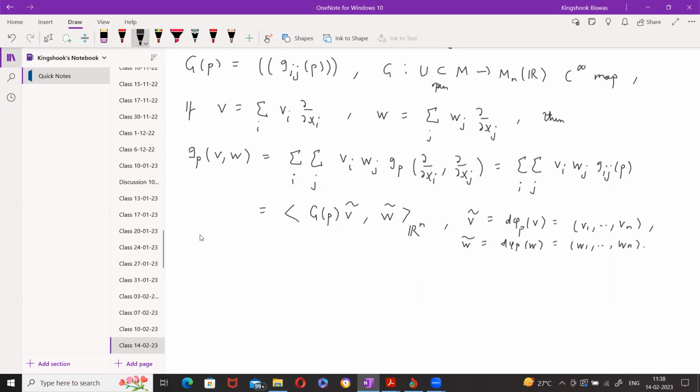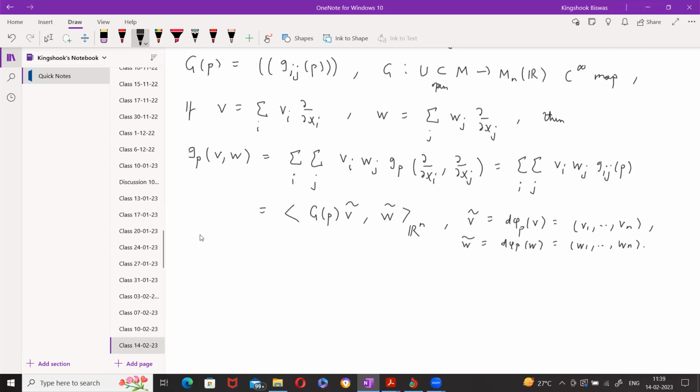So when you identify the manifold with Rn locally, all the tangent spaces are identified with Rn. So my inner product on each tangent space is going to be identified at each point with an inner product on Rn. Now that inner product on Rn is going to vary smoothly with respect to the point.